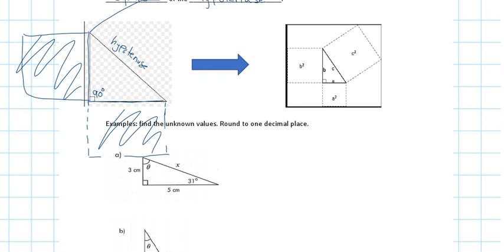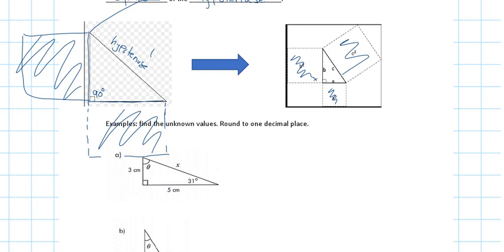I don't know why this is not working right now. So if I look at this right here, the area of this square plus the area of this square is equivalent to the area of the square formed by the hypotenuse. So we came up with this formula.